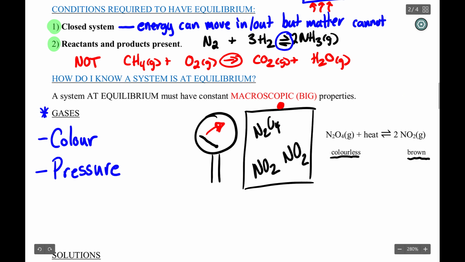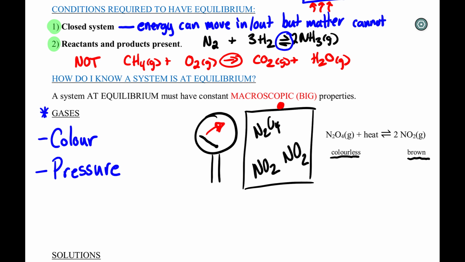If the pressure is unchanging, let's say 100 kilopascals, then I must have a consistently even amount of particles. So in order to have a consistent amount of particles, the rate in which I form this has to be equal to the rate in which I form this. The concentration of these particles have to be held constant, which is what equilibrium is. The concentrations of reactants and products are held constant.